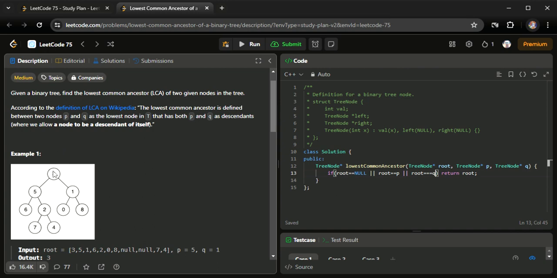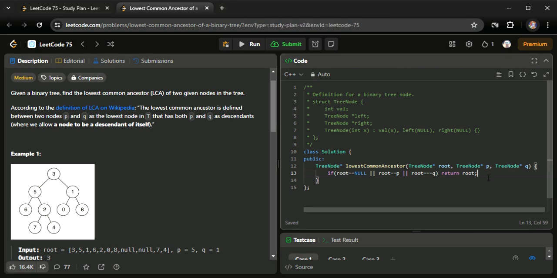If between p and q one is the root node, then we return the root node, which will be the lowest common ancestor. Okay. And in this way we can call recursion.